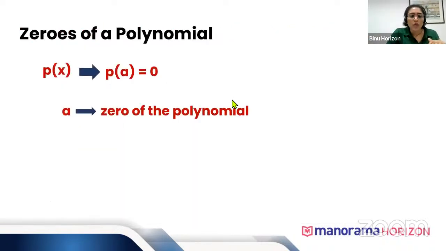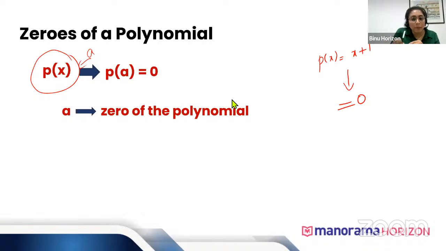Understood? Now, we have to learn what are zeros of a polynomial. Just brush up. What is the zero of a polynomial? That means if you have a polynomial p of x, and you substitute some value, say a, into that particular p of x, and you get p of x equal to 0, then what value makes p of x 0?